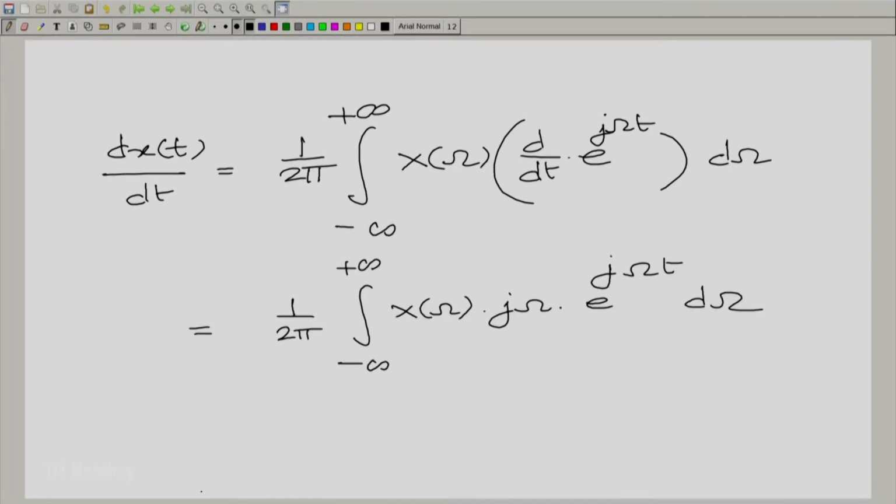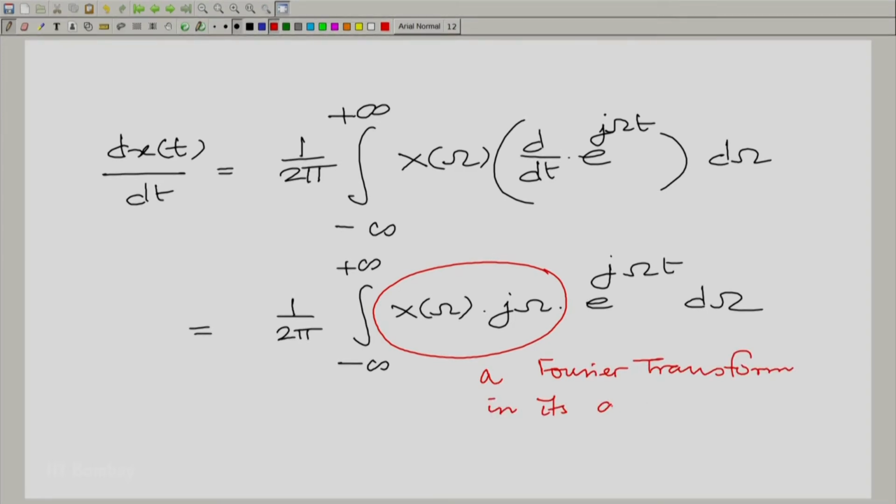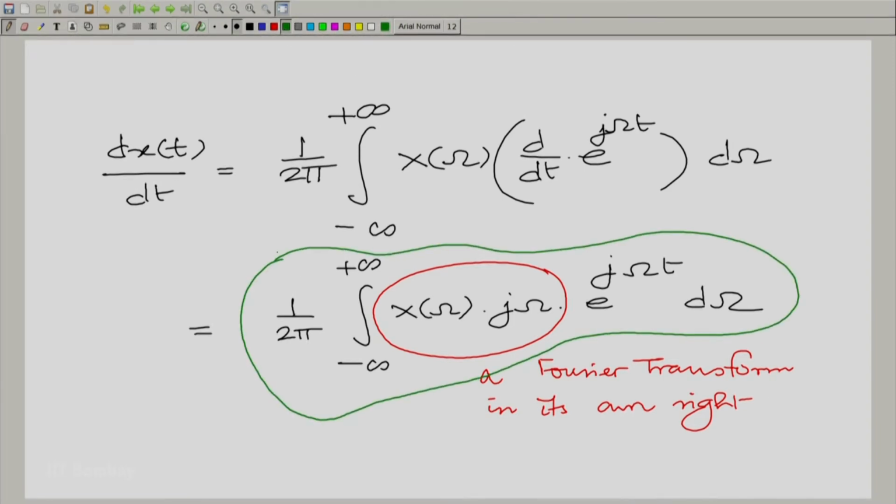So, it reads dx(t)/dt is equal to 1/2π integral X(Ω) times jΩ e^{jΩt} dΩ. And now, let me aggregate that term together. Clearly, this is an inverse Fourier transform in its own right. If you look at this whole expression here, which I am marking now in green, this whole thing is the inverse Fourier transform of that quantity.